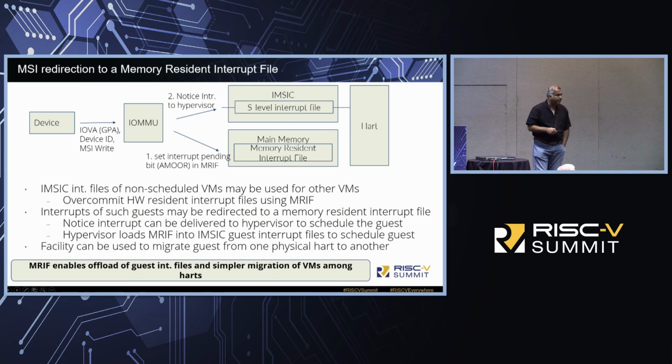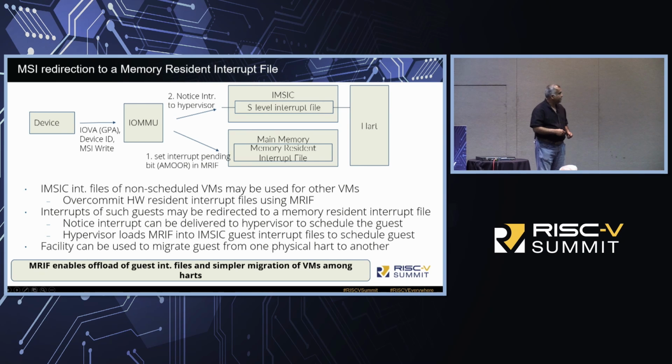So now, if a VS level interrupt file has been offloaded to memory and an interrupt shows up for that, the IOMMU, instead of setting the pending bit in the hardware interrupt file, will set a bit in this memory resident interrupt file using an operation similar to an atomic memory operation. It's an AMO OR. And it's not enough to just set a bit in memory. You have to tell the hypervisor that, hey, that virtual machine that you had descheduled and made memory resident has an interrupt pending.